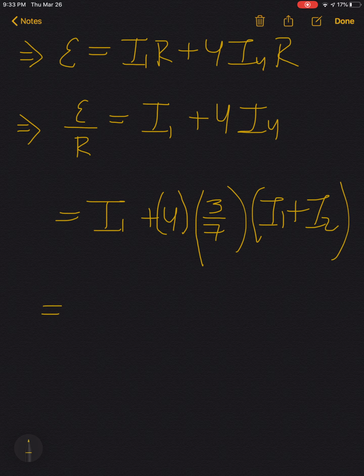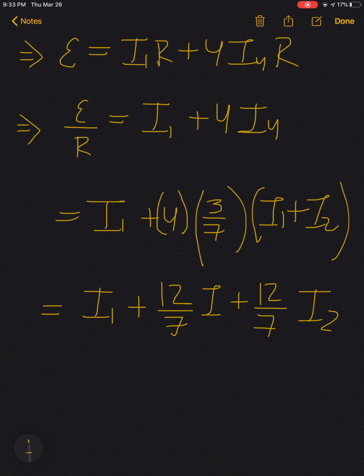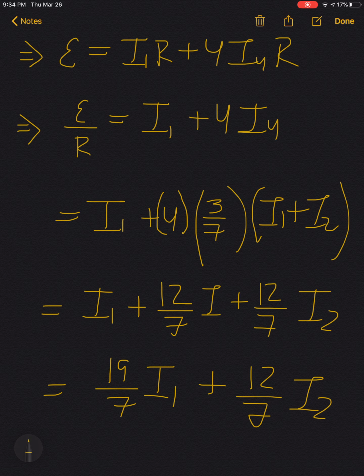So putting that all together, you've got I1 plus what looks like 12/7 I1 plus 12/7 I2. And then combining the terms with I1 together, that's going to give me 19/7 I1 plus 12/7 I2.